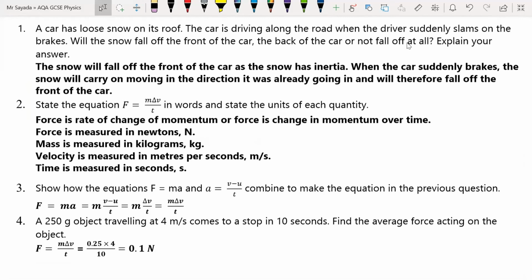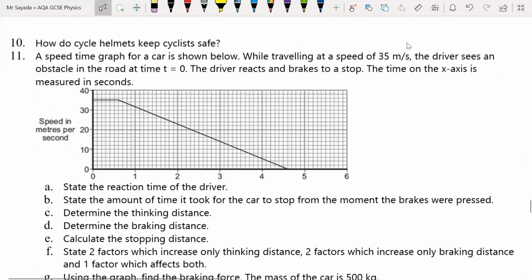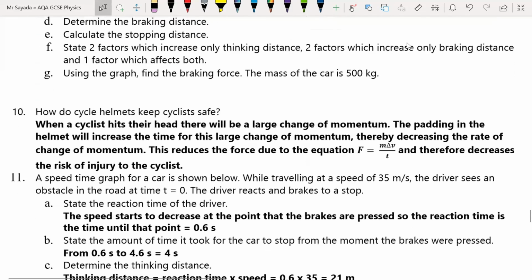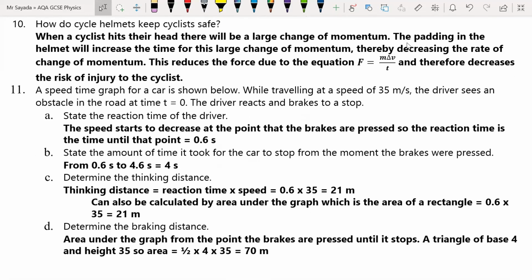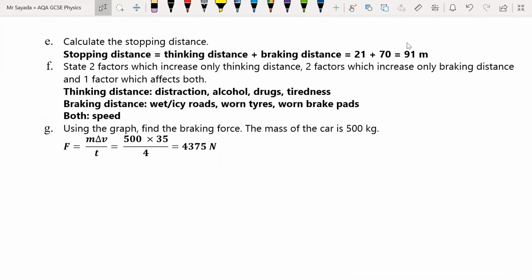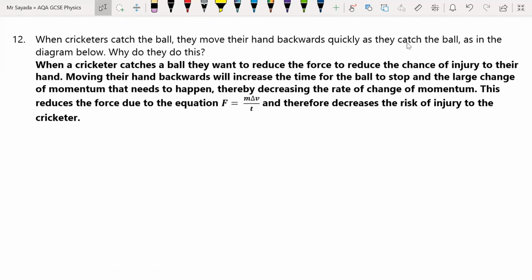Pause the video to mark and correct them, then press play once you've done that.